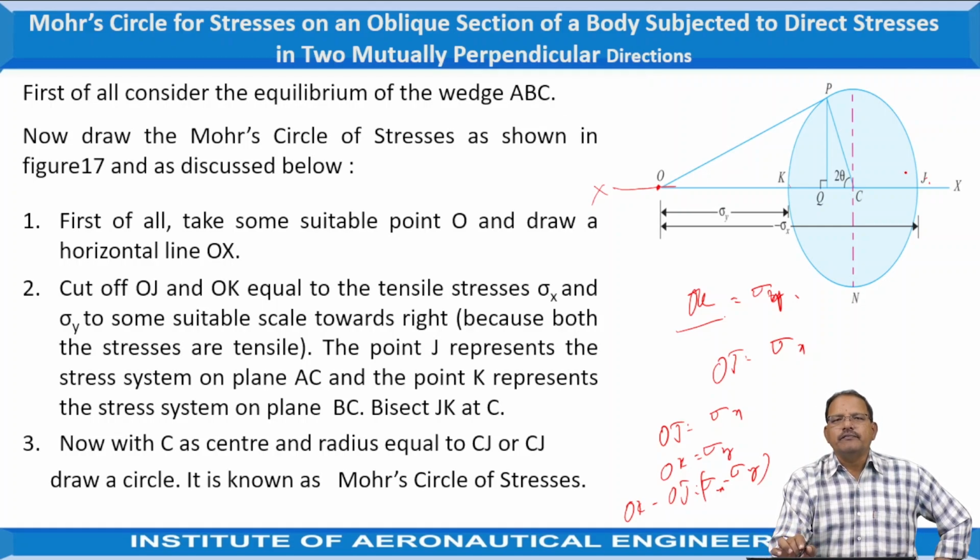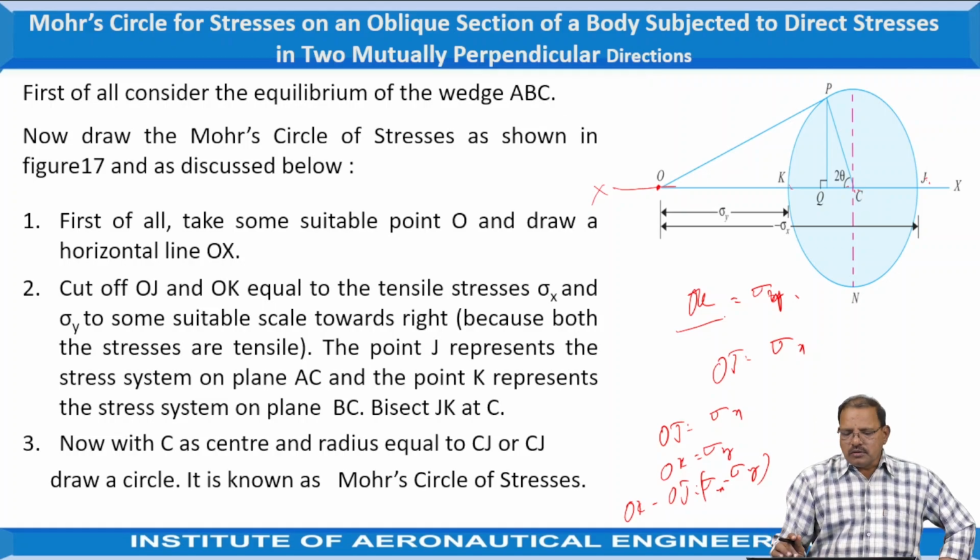Take the difference of the two direct stresses, sigma x and sigma y, as diameter, and mark a point C on it such that it is the midpoint of KJ. Now take C as center, with radius equal to CK or CJ, and draw a circle. This circle is known as a Mohr circle.